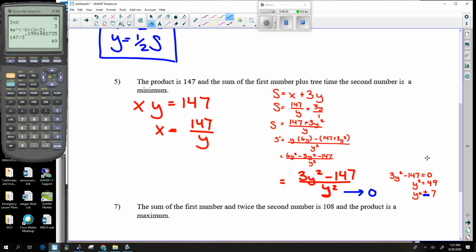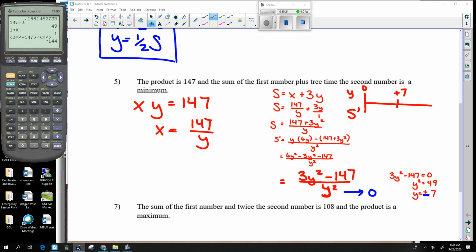All right, so doing the first derivative test, I have y and I have the sum. And we are testing out the numbers 7 and 0, I guess. So testing a small number like the number 1 into the derivative. So that's 3y squared minus 147 divided by y squared.